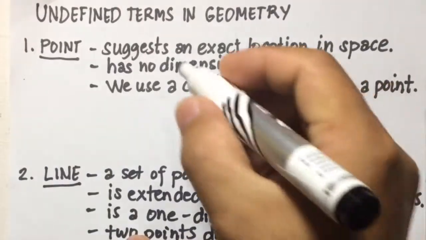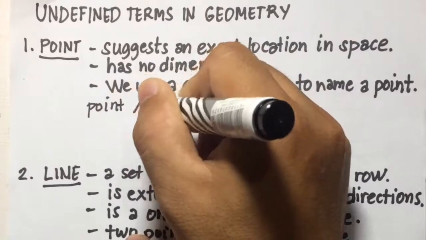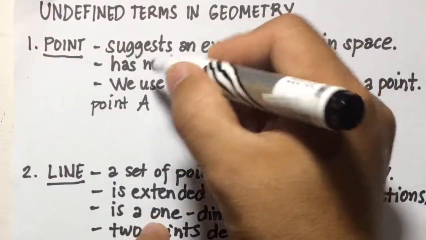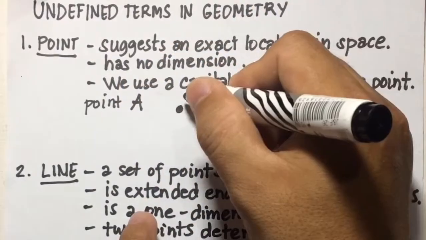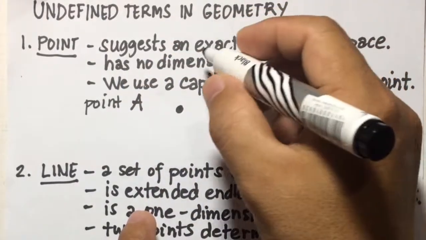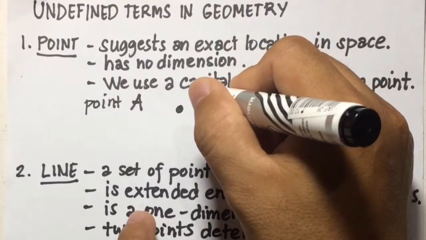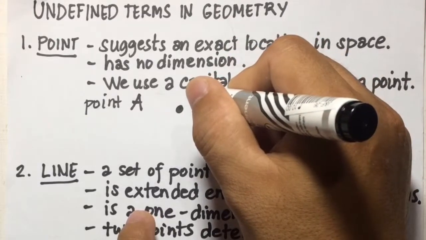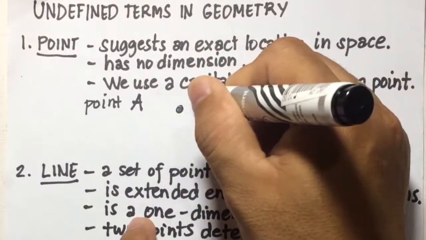For example, if we have point A, we can name this one as point A, capital letter A. In representing a point, we use a dot, and we follow it with the capital letter. For example, let's have point A, we're going to have a dot, then A.